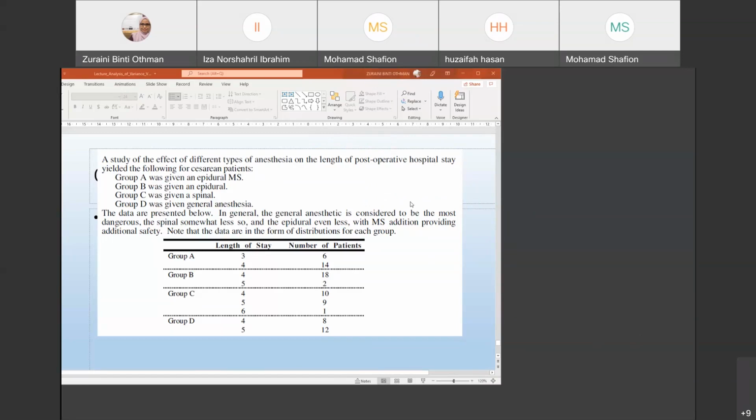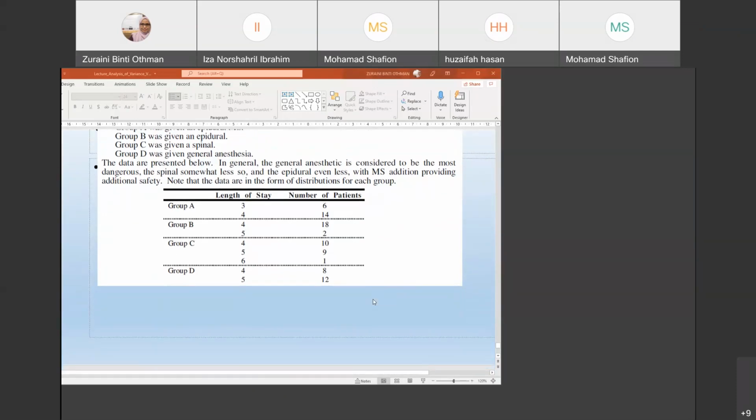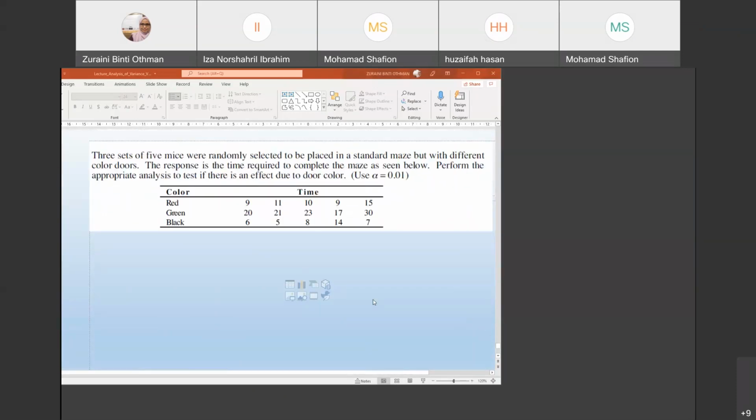Because it is less than alpha, the conclusion that we may get is there exists enough evidence to conclude that there is an effect due to the anesthesia type. So there is an effect due to the anesthesia type. Okay. Are you good? This is the second example. And we go for the next example.